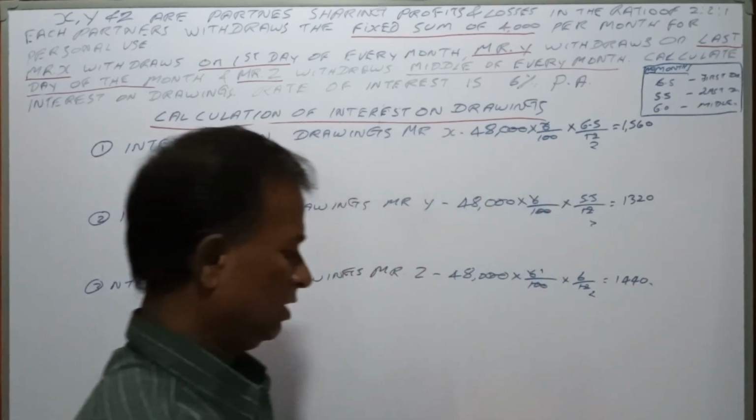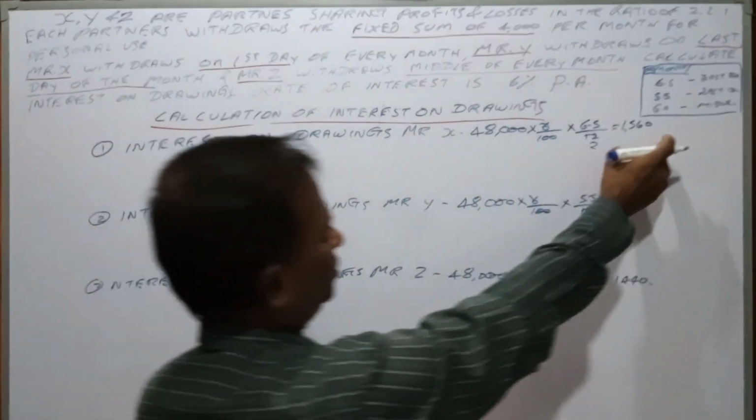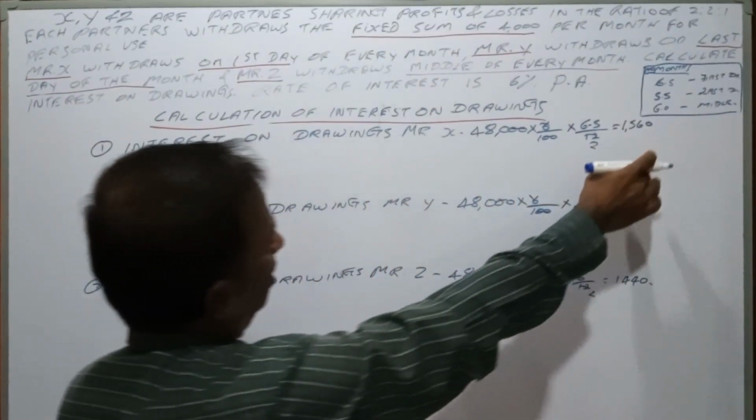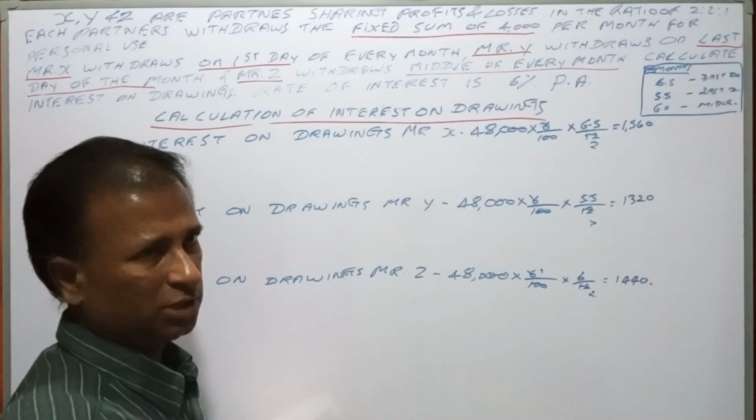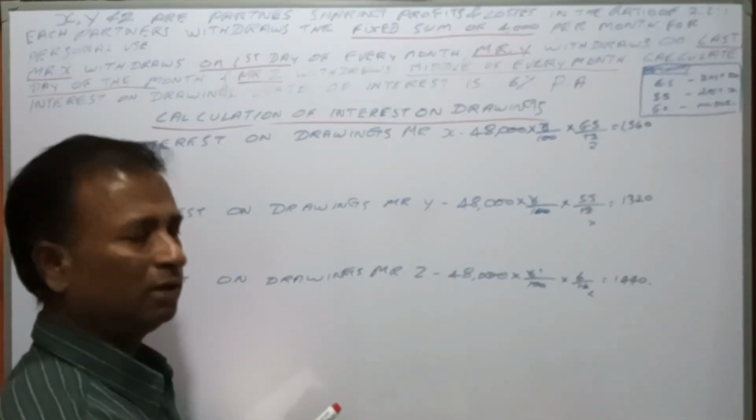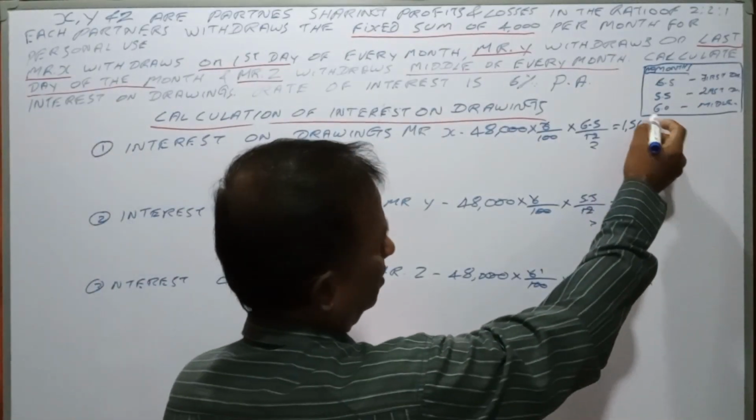This is the interest you have to charge to the profit and loss appropriation account and current account. This is the amount, right? This is the amount.